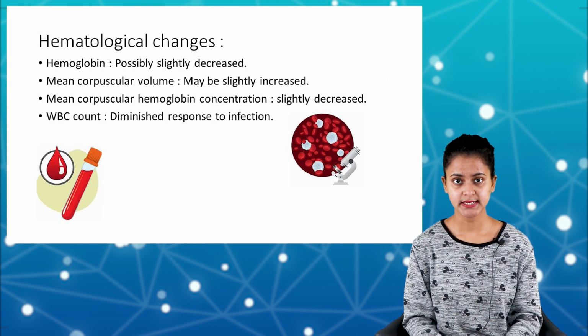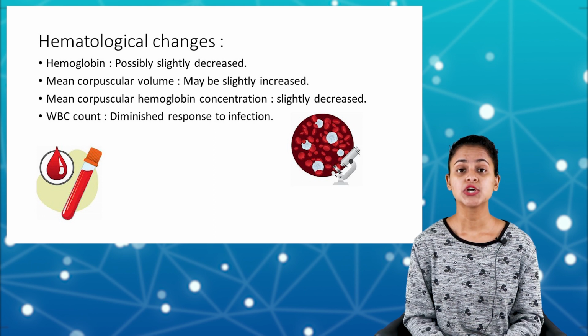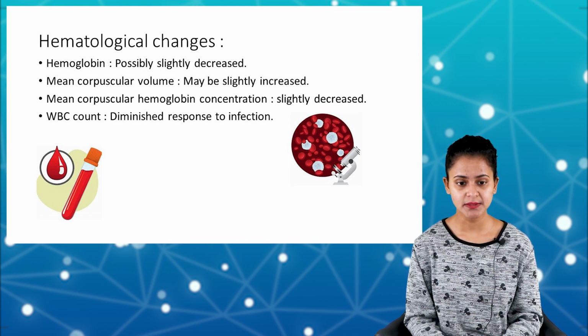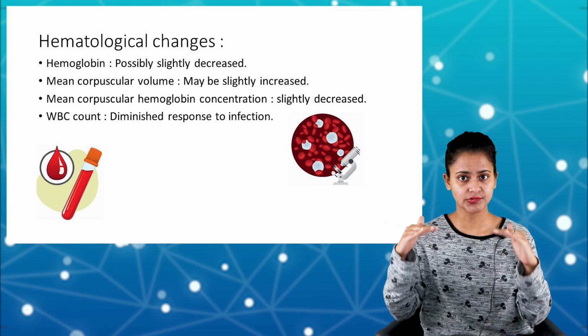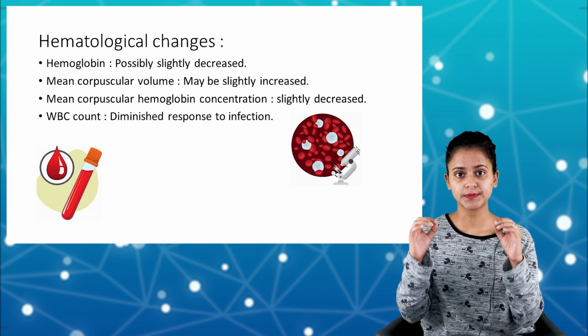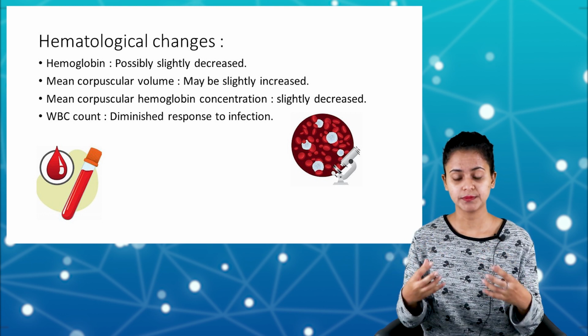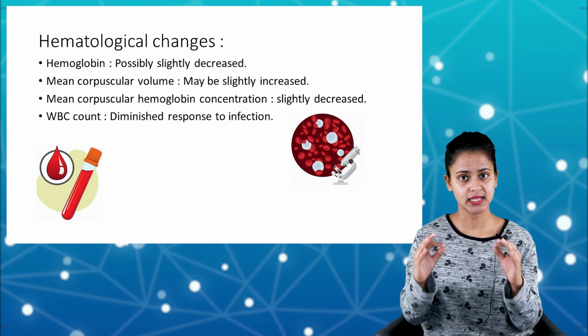Next, we're going to see the hematological changes among older adults. Here, basically, hemoglobin will possibly be slightly decreased for men and women. Mean corpuscular volume will show a slight increase in level.